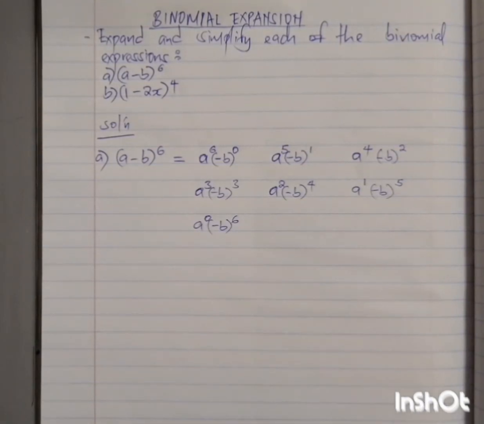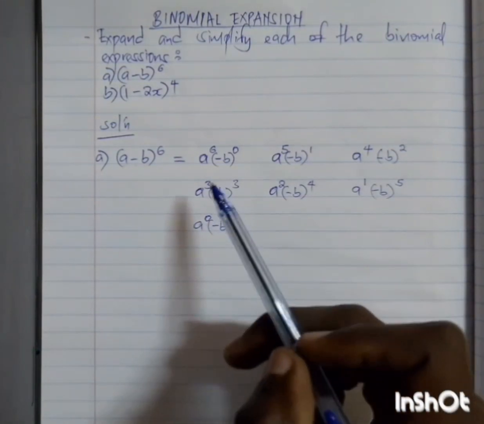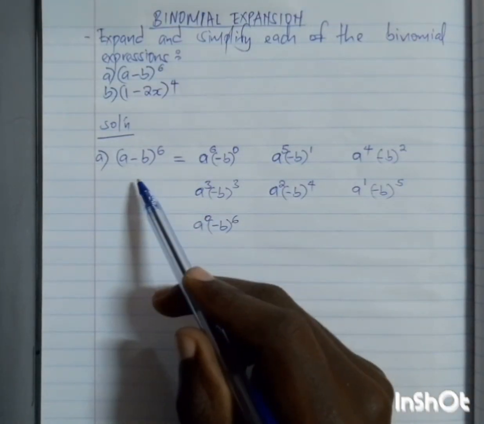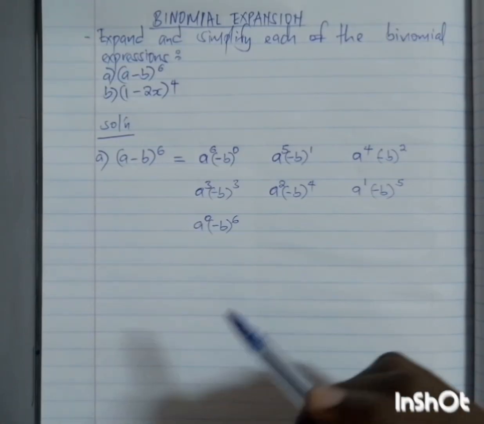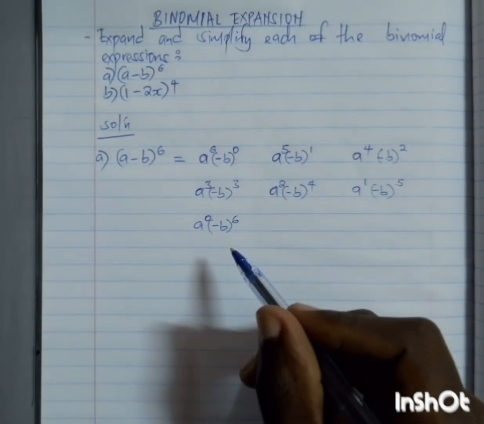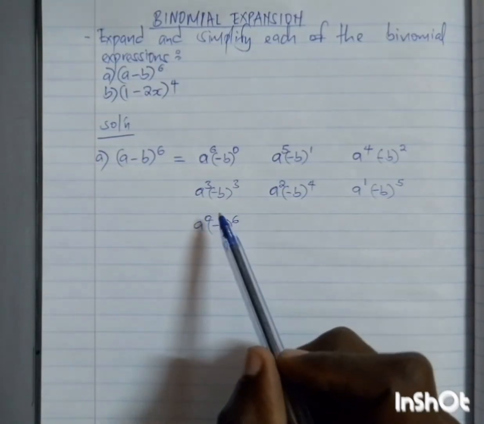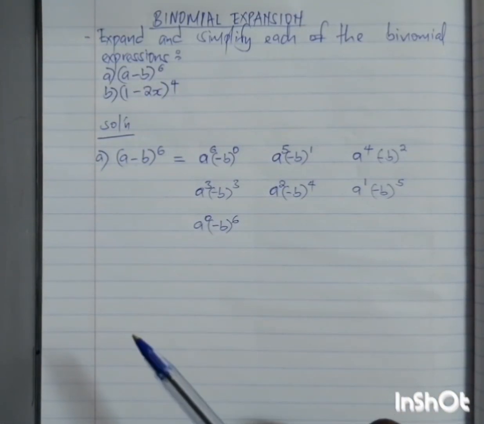And then finally, we go for the coefficients. You are going to look in your log table, and there you will find Pascal's triangle. I explained it in my previous video. So you are going to find Pascal's triangle and look for the coefficients of power 6.